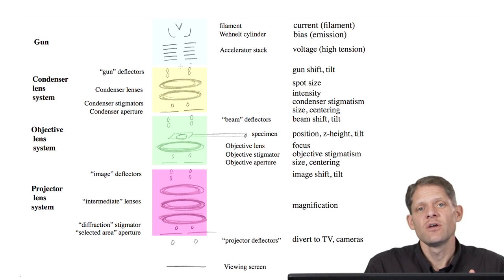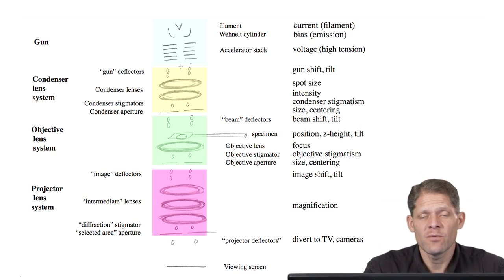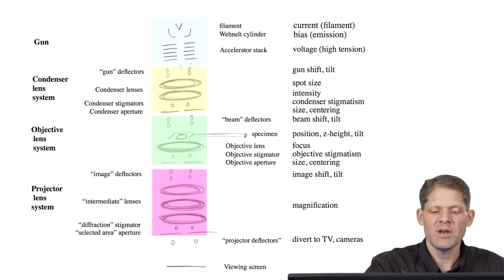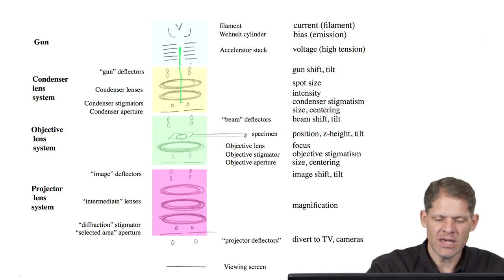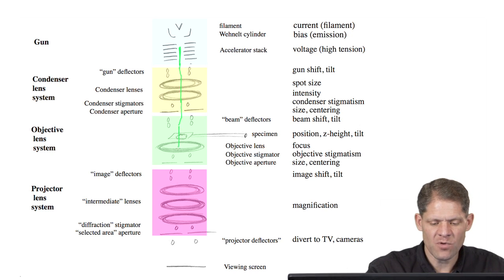So for each imaging condition that we'll use in the microscope, we can determine what deflector settings are needed to take the emission coming from the filament and shift it and tilt it so that it'll be coming right down the optical axis of the first set of lenses. And then again, we may need to shift it and tilt it so that it comes right through the optical axis of the objective lens.